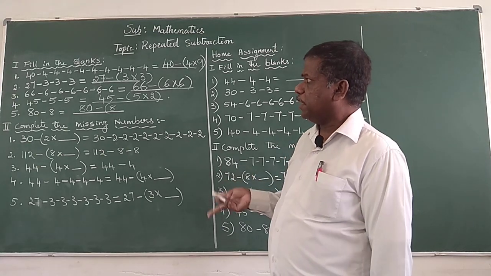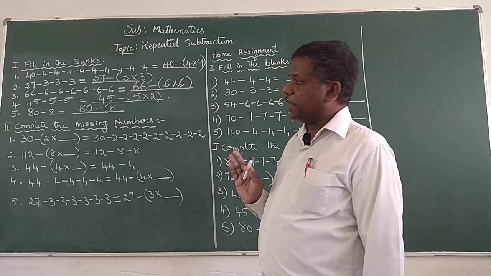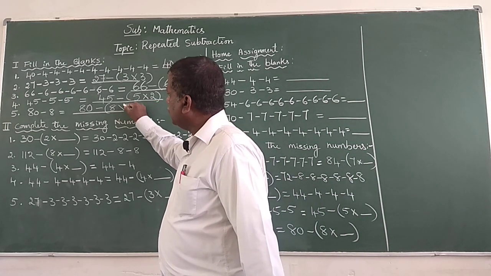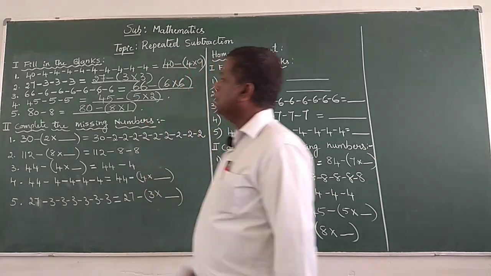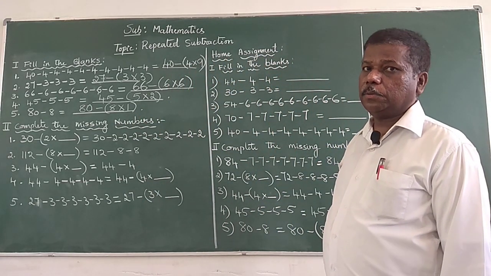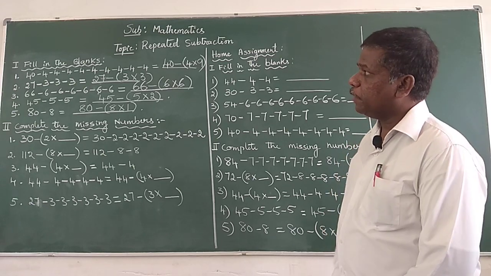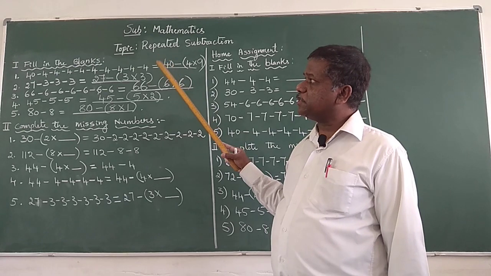I can see only one 8 here. So 1 time 8 is subtracted. So I have to write here multiply sign and 1. This is the solution for the fifth example. So we have understood by solving 5 examples in the first main.